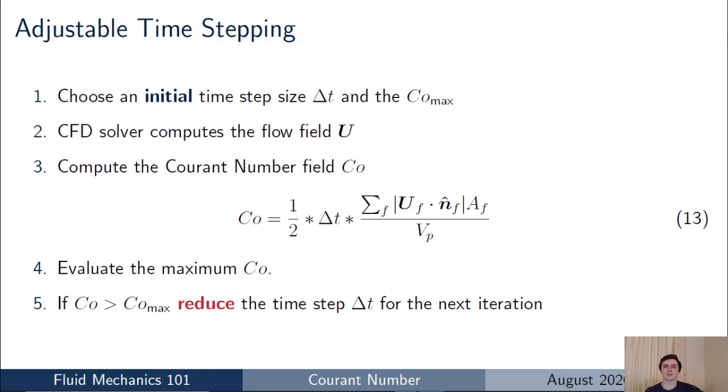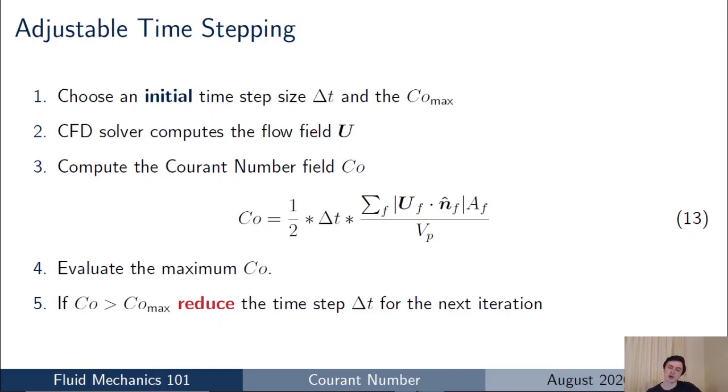So for the examples which we showed on the previous slide, that may be 1 or it may be lower. And then we jump into the CFD code and we press go. And what will happen is that, like before, the CFD code will compute the velocity field. And now that it has the velocity field, it can calculate the current number field for all of the cells in the mesh.